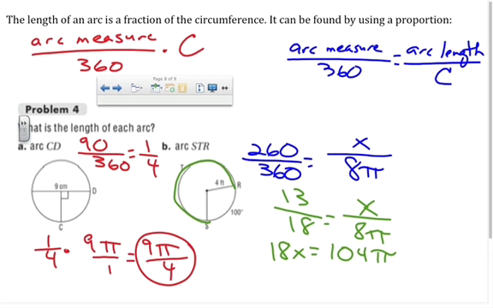And eyes up, please, because some of you are still not quite familiar with how to do this in your calculator. What's the next step in my equation solving here? Divide both sides by 18. But if you take that 104 and divide it by 18, is it nice and pretty? I don't think so. All right, so instead of dividing 104 by 18 in your scientific calculator that you should have by now, take that 104 over 18.